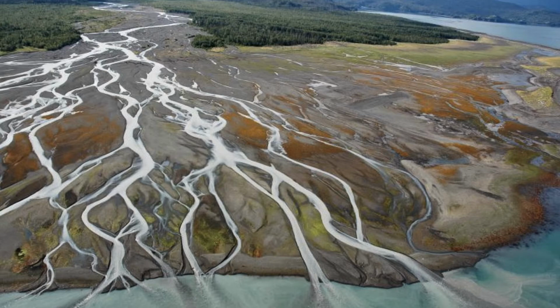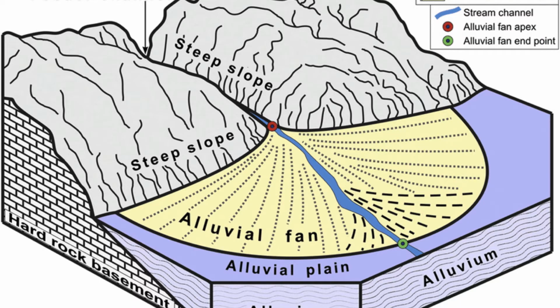Unlike the alluvial fans, the deposits making up deltas are very well sorted, and clear stratification is there. In an alluvial fan, the stratification is not clear. The deposits are not very stratified.